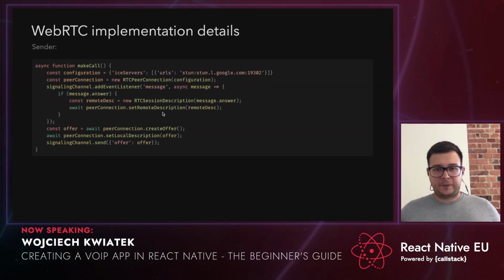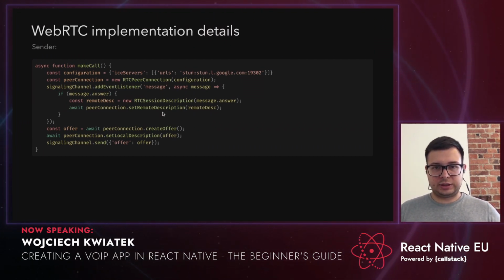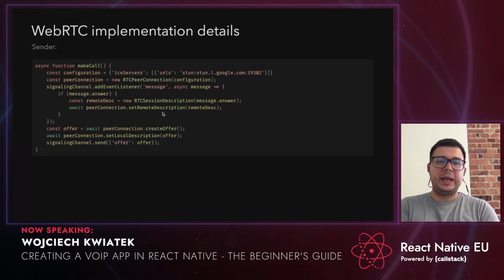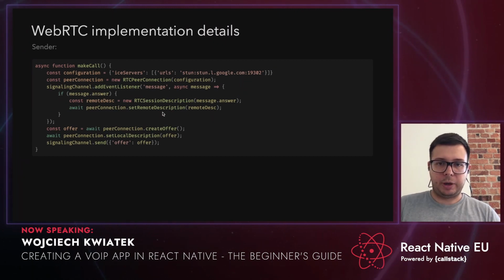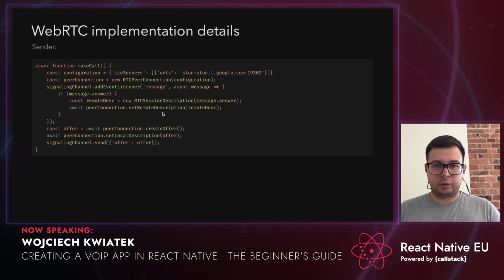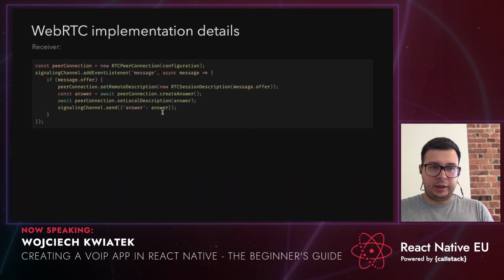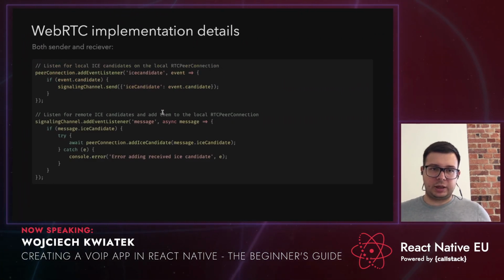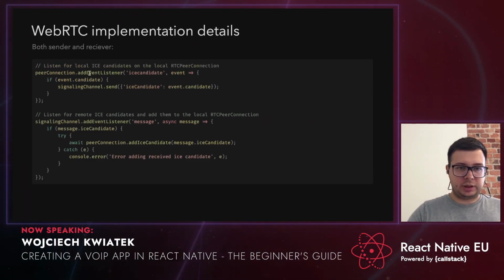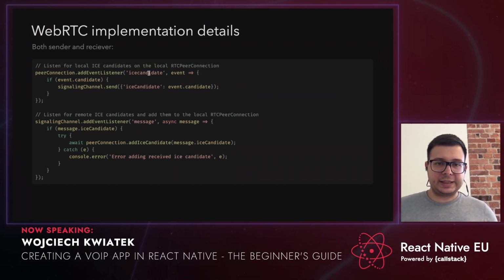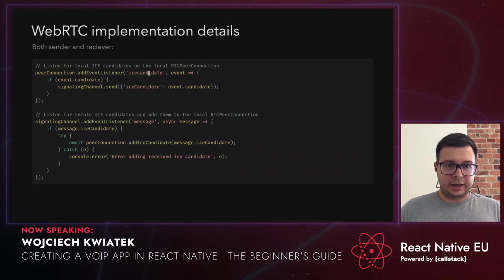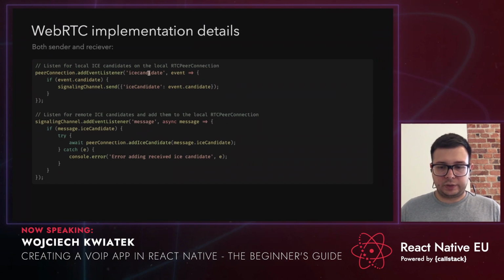So this was the first part, about negotiating the resolutions, the codecs, and so on. So the metadata about what we can send and what we can receive. The other part is that both sender and receiver are putting a listener on the ICE candidate, and this is what the STUN server actually does.